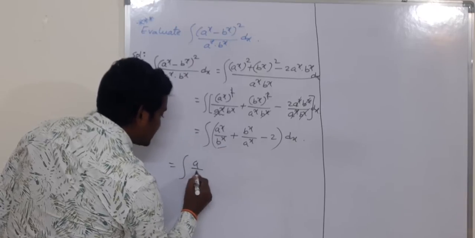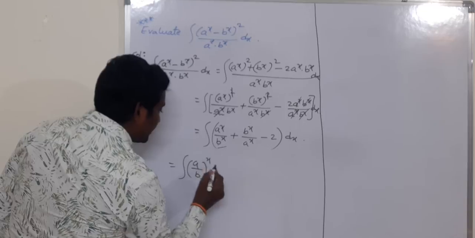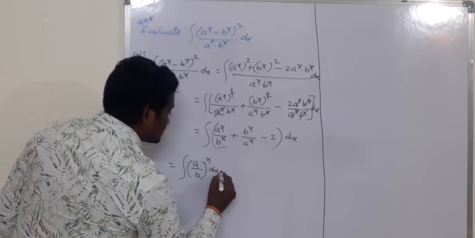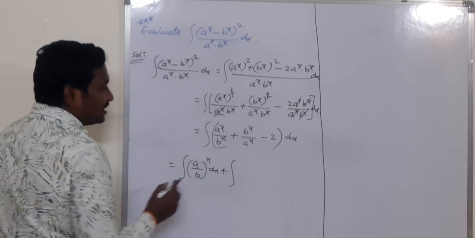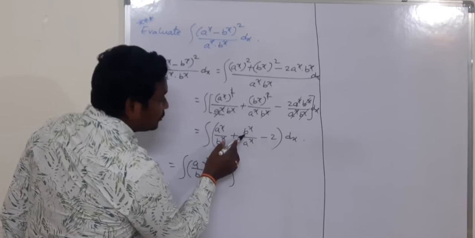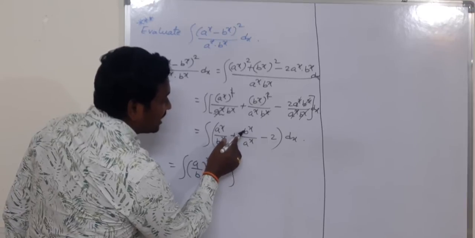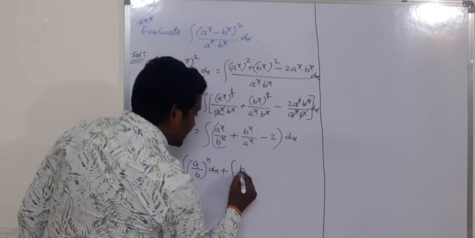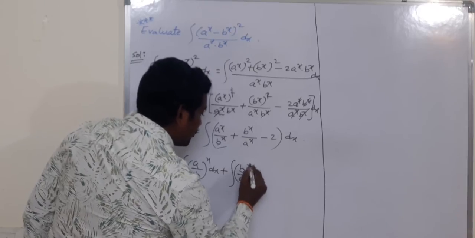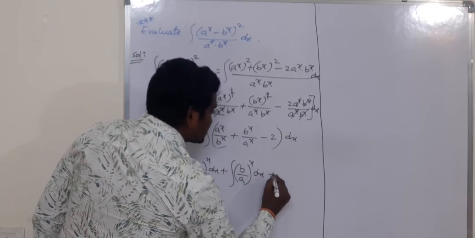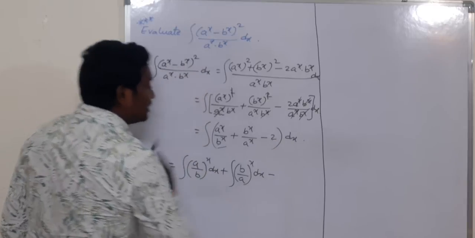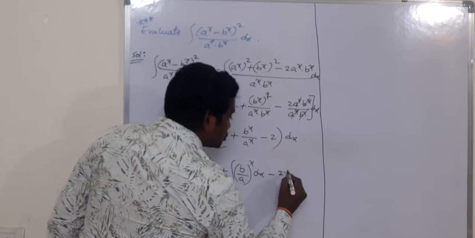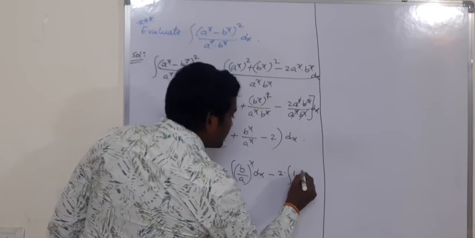It can be written as (a by b) whole power x into dx plus integration of, here also we observe that numerator and denominator have the same power, that's why we can write (b by a) whole power x into dx. 2 is the constant term, take it outside the integration, 2 into the remaining term, which is only 1 into dx.